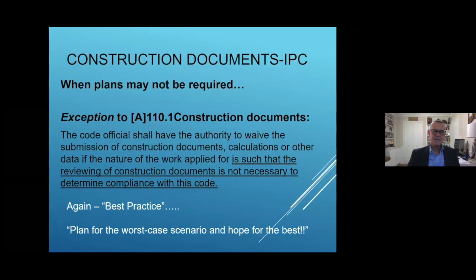So again, I said it up front, and I said I'd circle back to it. I've talked about best practices. That's what this presentation is. But you're going to plan for the worst case scenario, and you're going to hope for the best. So there's a chance the construction documents are not going to be necessary. Maybe you apply for a rainwater system and you don't need a set of plans because it's a small residential system. My advice, again, would be to have the plans available.